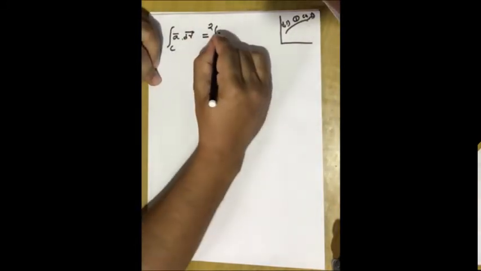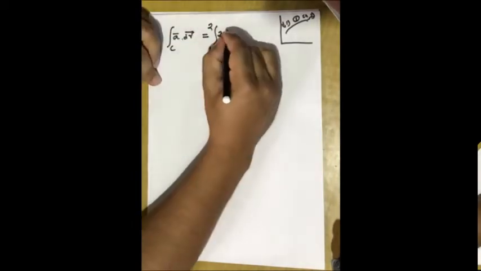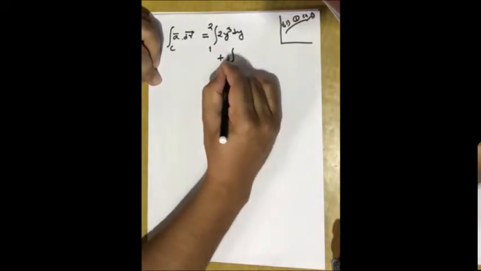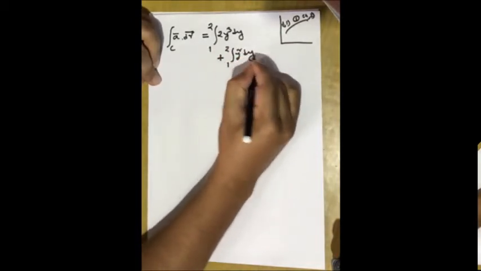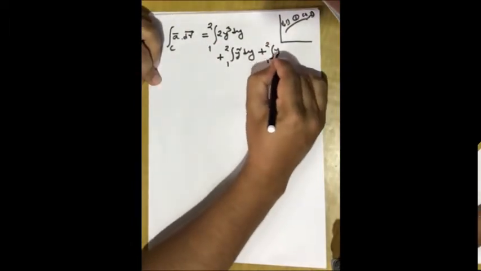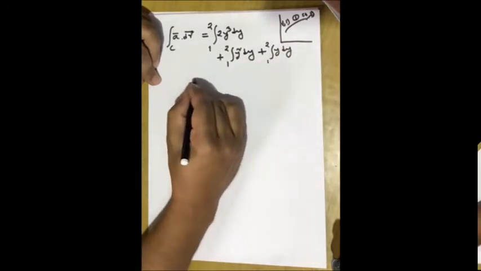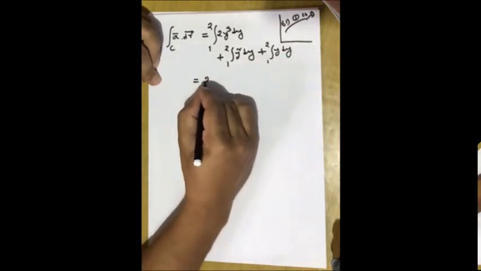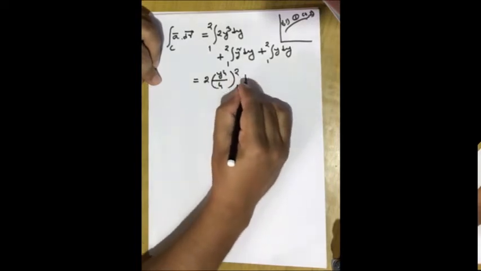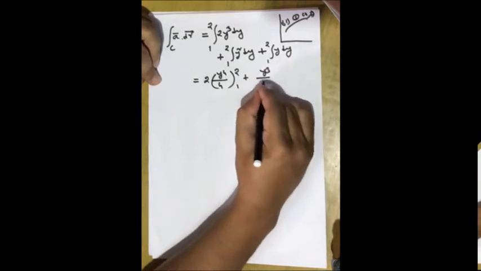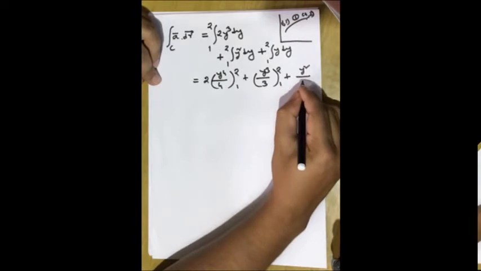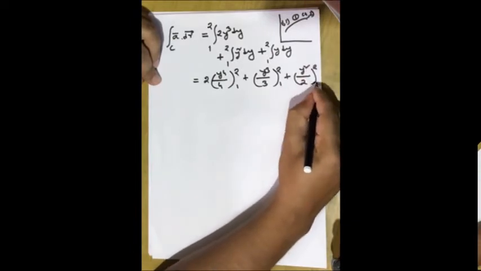First term was 2y³ dy, the second term was y² dy, 1 to 2, plus the third term was y dy, 1 to 2. So what we will get: 2 y⁴/4 from 2 to 1, plus y³/3 from 2 to 1, plus y²/2 from 2 to 1.